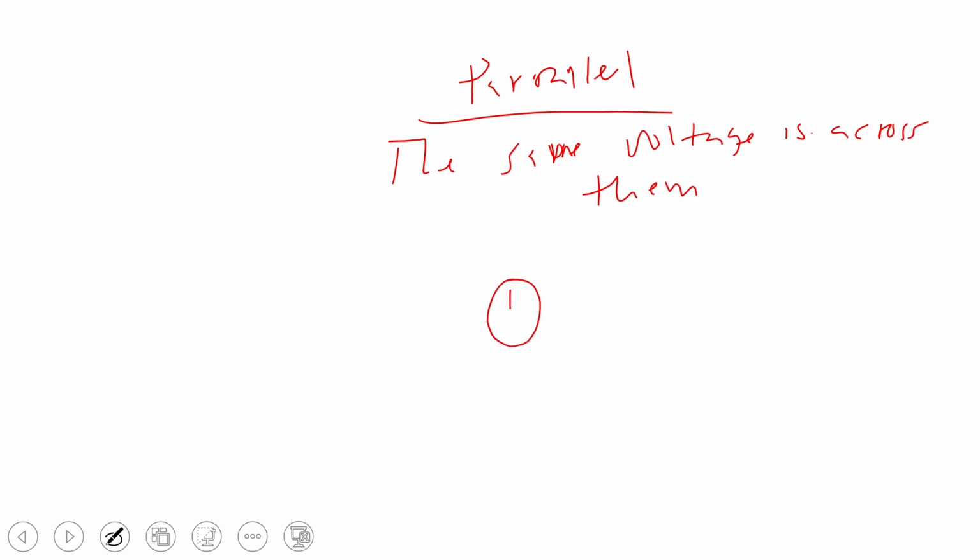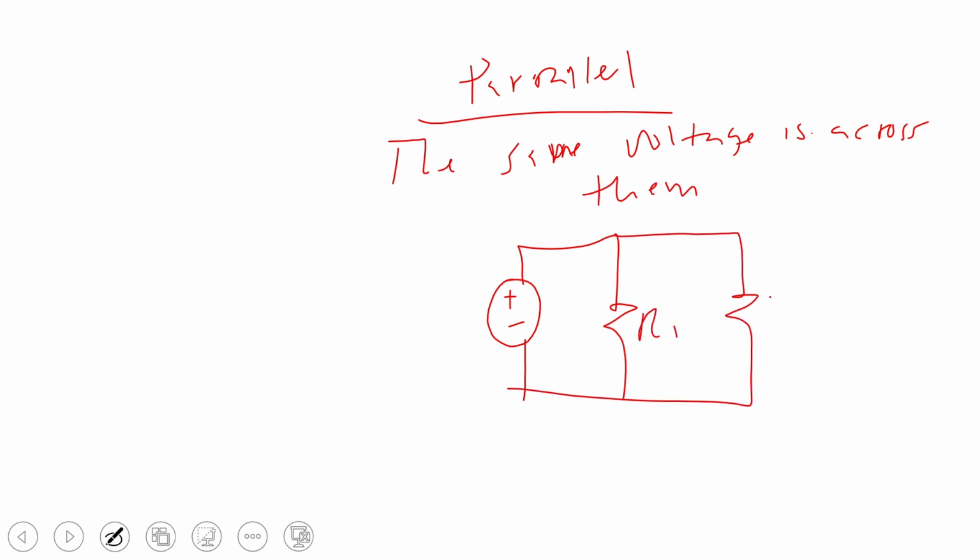An example: when I have these two resistors, if this is R1 and R2, and let's say this is V, you can see that the voltage V is the same voltage across R1, and that same voltage is across R2. So I will say that R1 and R2 are in parallel.